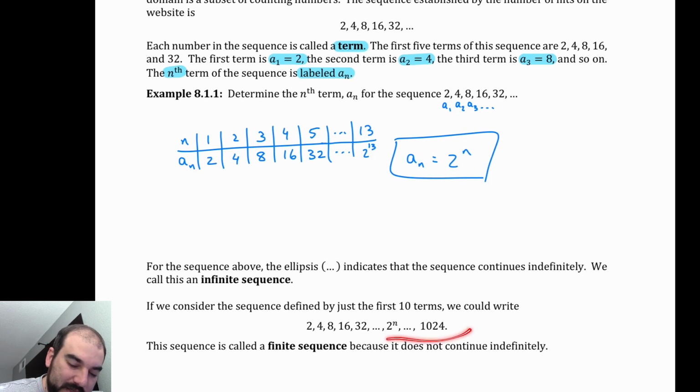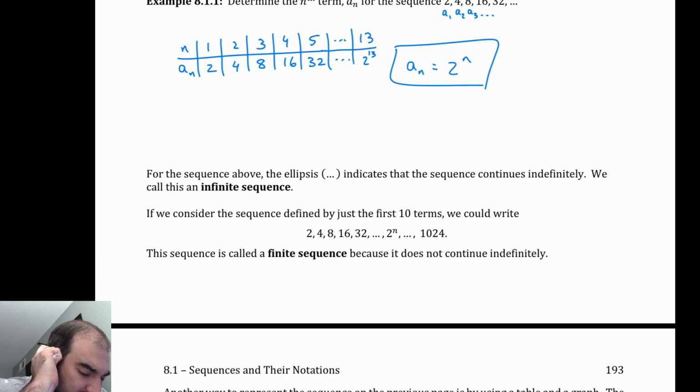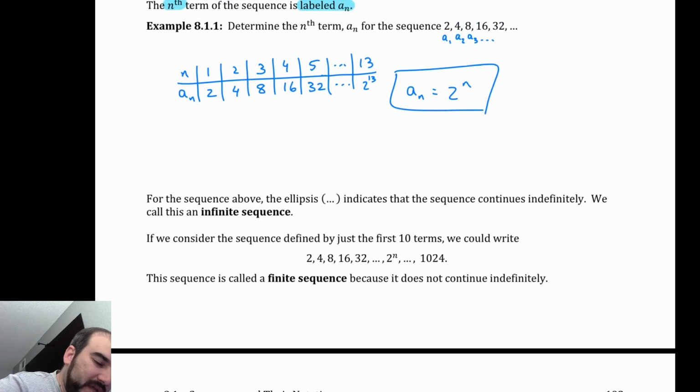And actually it's also down here. If you look down at the bottom of the page, it gives you the explicit formula for the nth term. And the way it's written up here, with the dot dot dot at the end, is an infinite sequence.